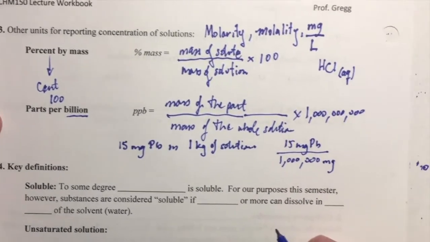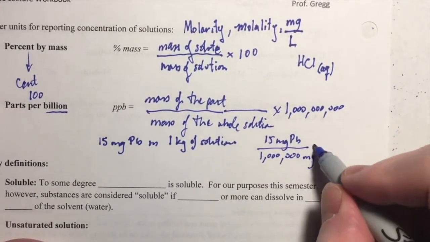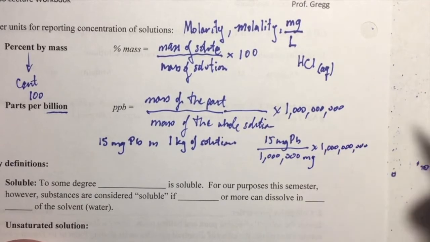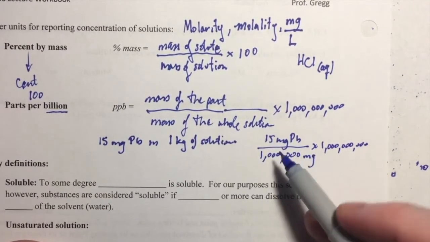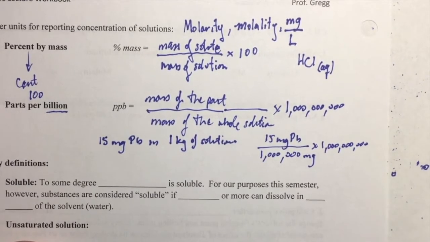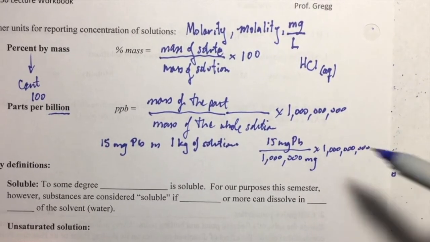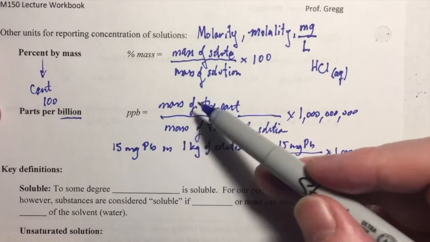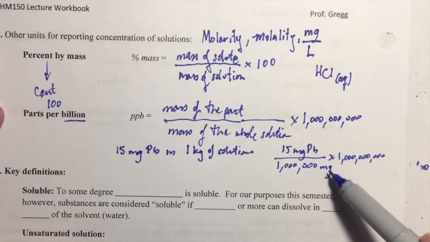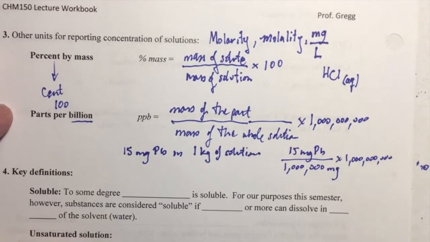And then you could multiply it by 1 billion, and the result would give you the parts per billion of lead in that solution. Okay? So just keep in mind, if you're using mass in your numerator and denominator, the units of mass must be the same so that they can cancel.